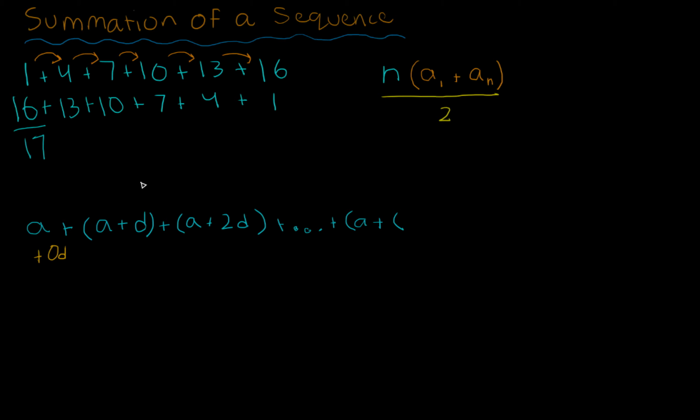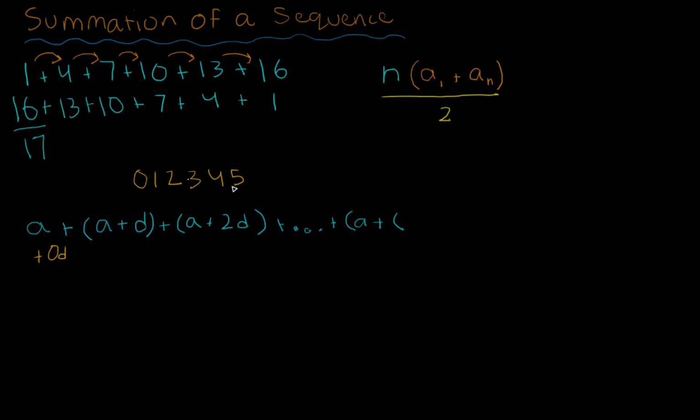So let's say we had some generic sequence that starts from 0 to 1 to 2, 3, and so on. And let's just keep going and stop at 5. So in this case, n is actually 6. Notice there's 6 numbers in here, even though our last number is 5.